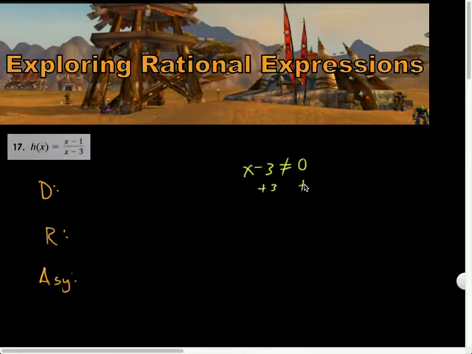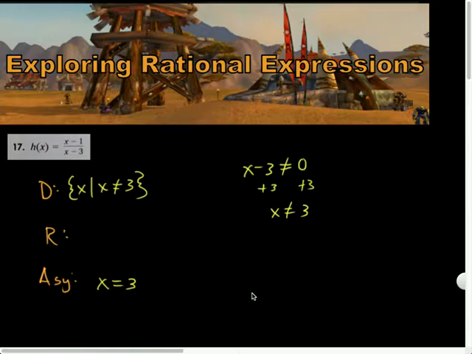Then I solve that, and I get x is not equal to 3. So my domain is the set of all real numbers, the set of all x, such that x is not equal to 3. In this case, that is also telling me where my vertical asymptote is. I know x equals 3 is going to be a vertical asymptote.